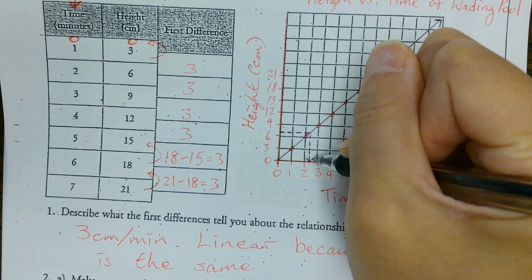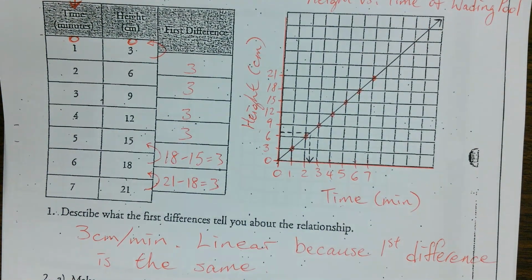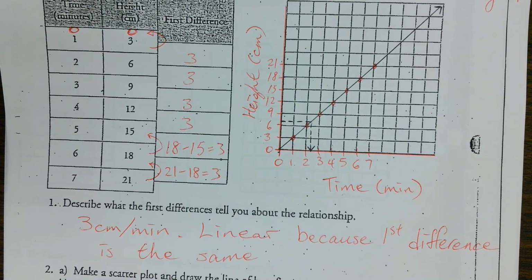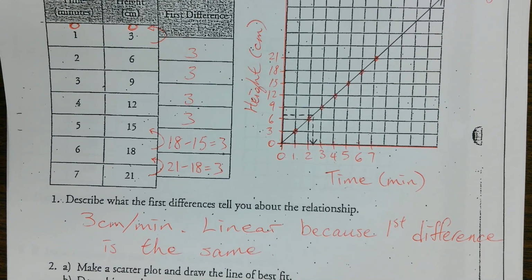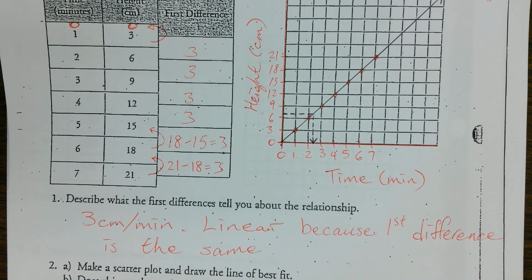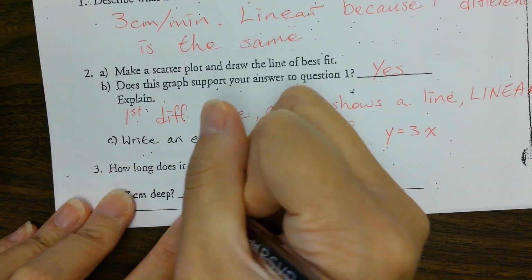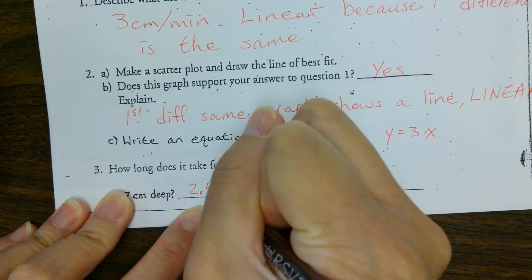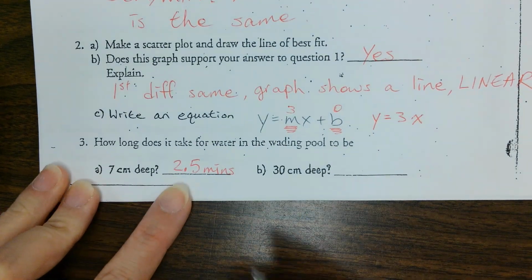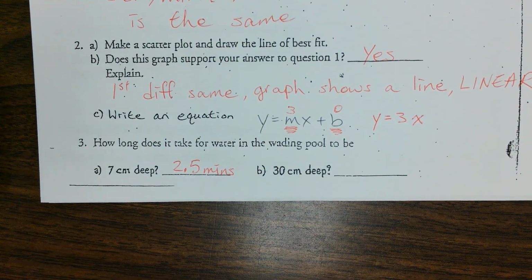So it looks like it takes about how long? Roughly? Sean? Okay, it's 2 minutes, 20 seconds, or roughly 2.5 minutes. All right, that was very precise. If you write around 2.5 minutes, that's fine. It's close enough.